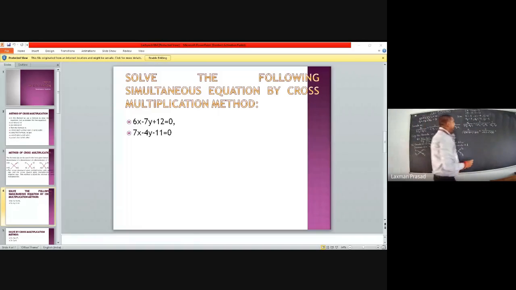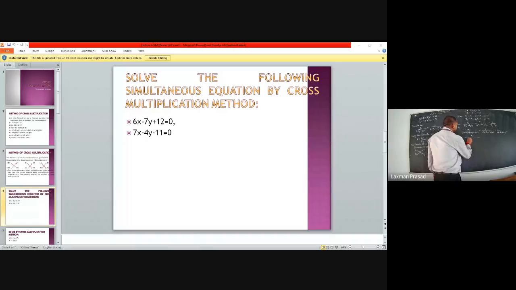Then 1 upon the value of a1 is 6 into b2, minus 4 in brackets. Then a2 is 7 into the value of b1, minus 7. Okay, so substitute the value. So let us simplify.